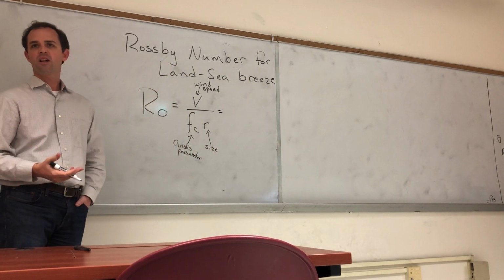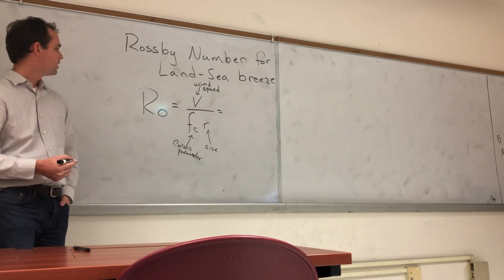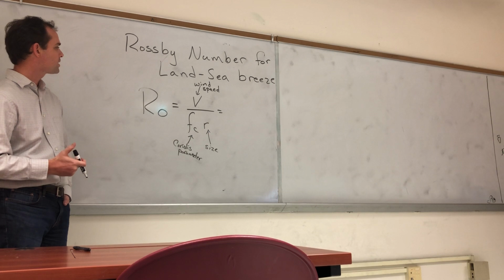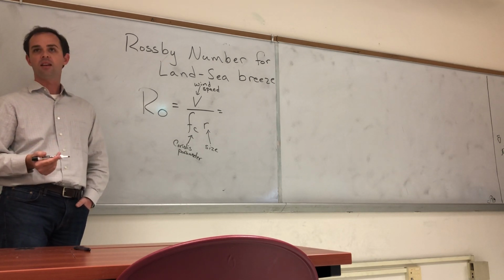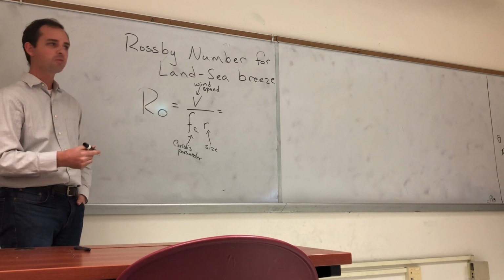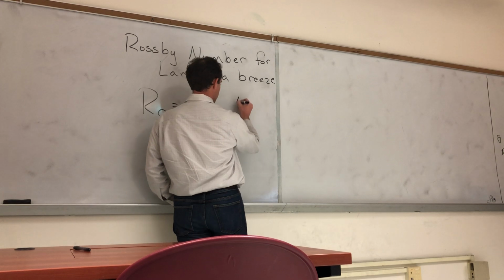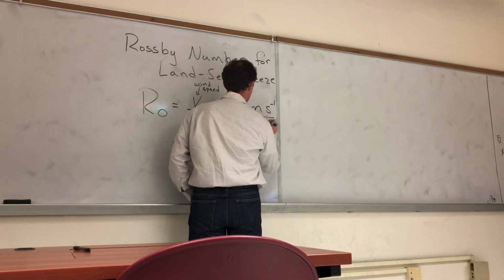And we can just put some ballpark numbers on here to figure out, is the Coriolis force going to be important or not? First off, we need to estimate what is a typical wind speed that we might experience in a land sea breeze. 10 miles per hour, 5 meters per second. So that's a good ballpark number. So we have 5 meters per second.